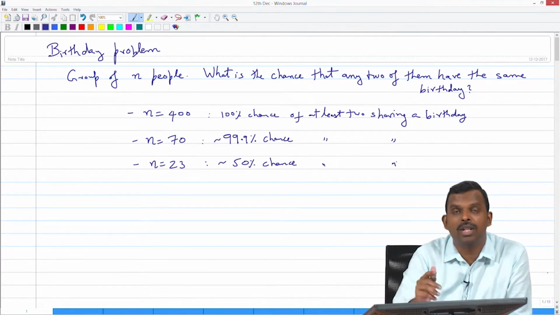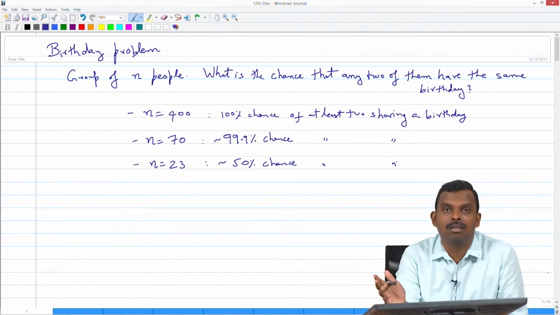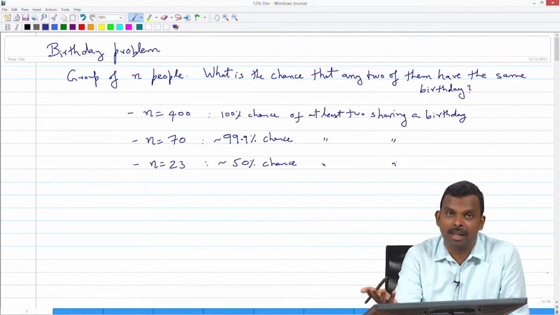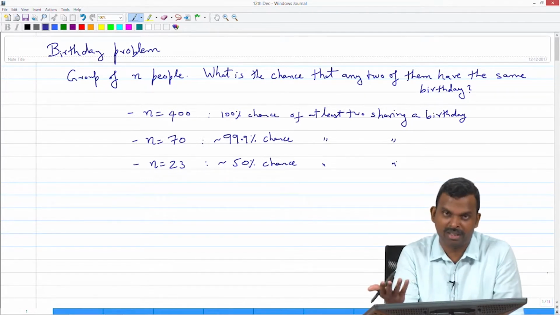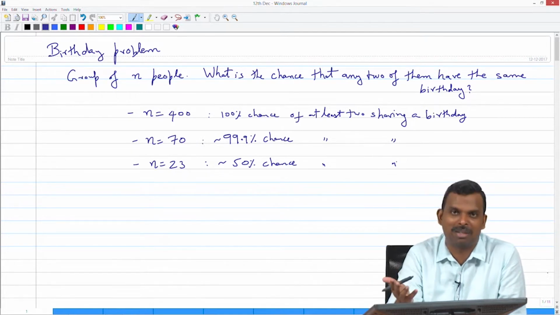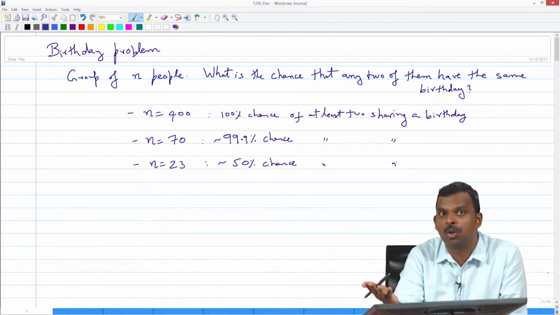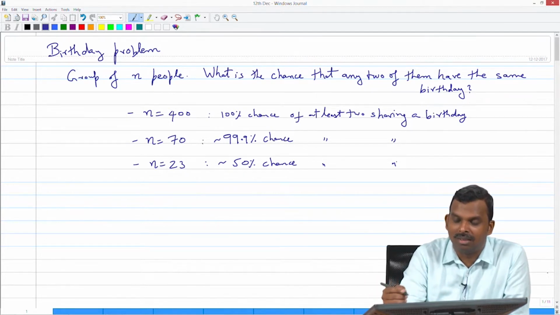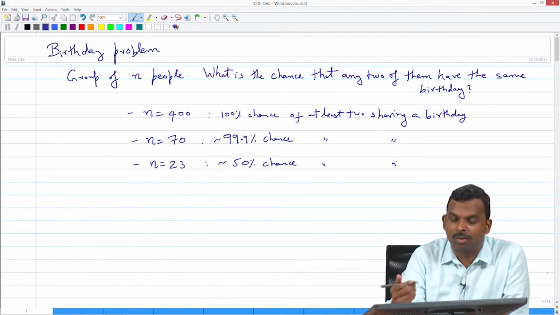Even if you have only 23 people in a group, with probability half, which is quite high, two people have the same birthday. Of course, with 23 people it may happen that no two people share a birthday, it is only 50%, but at 70 it becomes almost 100%.